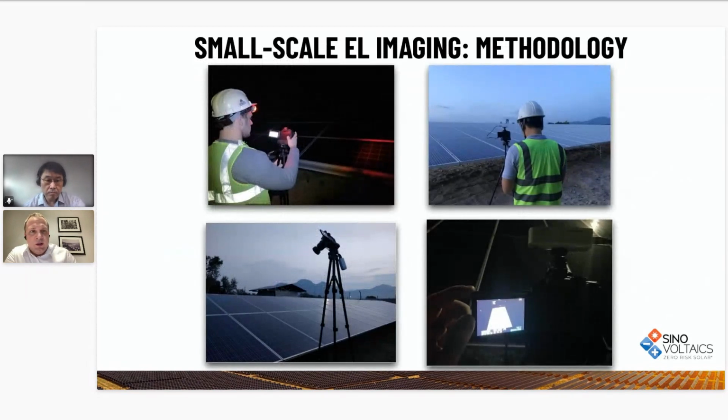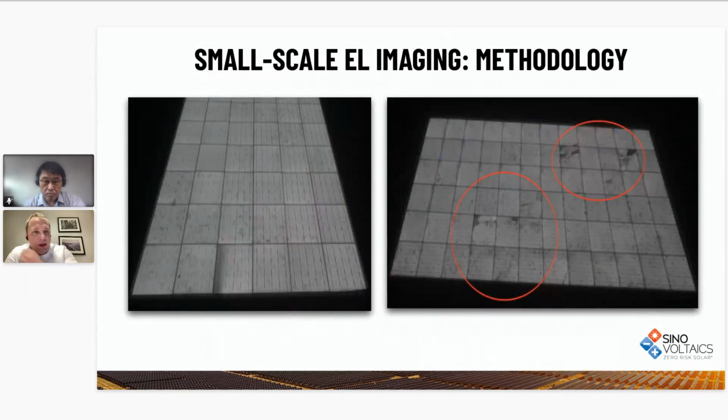Now, here you can also see some examples of EL images captured with such portable equipment. Naturally, with such small portable EL testers, the possible scope of testing has also been quite limited.